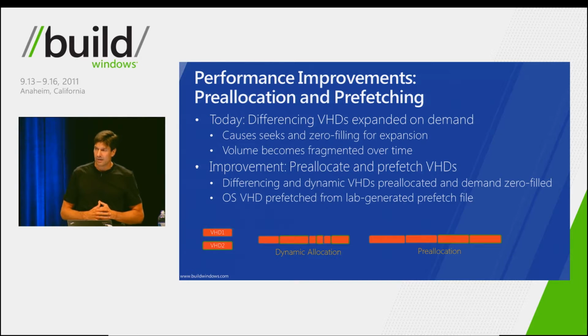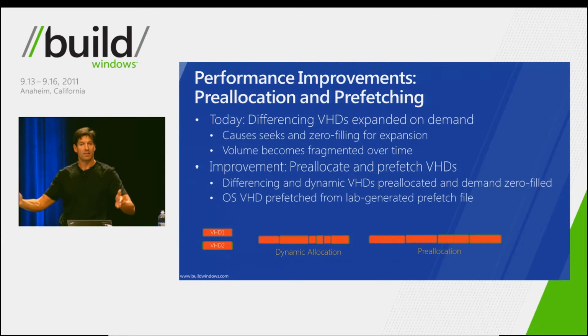You're going to see disk seeks as the file gets extended, and extending a file in Windows is a relatively expensive operation. So we're moving to pre-allocation, where we're going to pre-allocate the differencing VHD. We're going to pre-allocate the resource dynamic VHD so that all of the files are their maximum size, and there's no extension at runtime. Because we're not over-provisioning the space on the blades, we can do this.